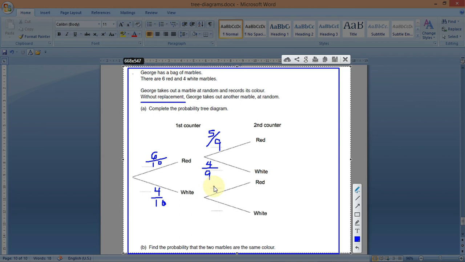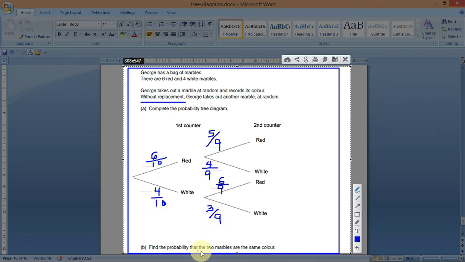Here, white first time, red second time: red is still 6, but since I've taken white before, the total drops by 1, so that is 9. And finally white first time, white second time: white drops by 1, that will be 3, and the total also drops by 1, that is 9.